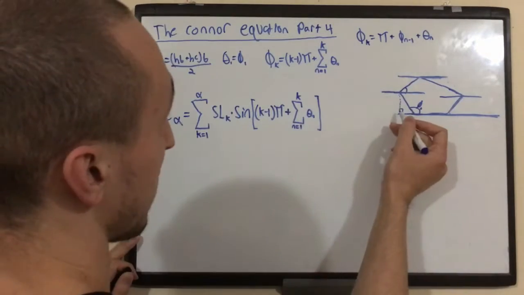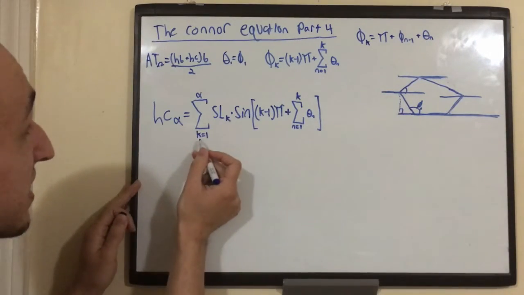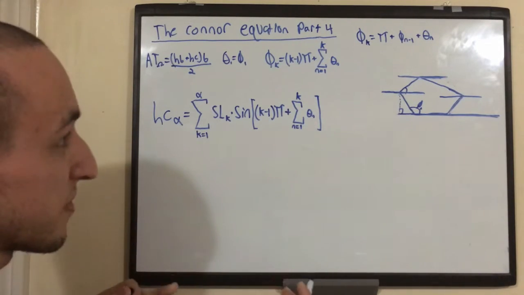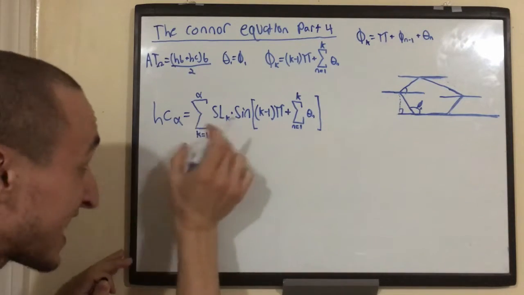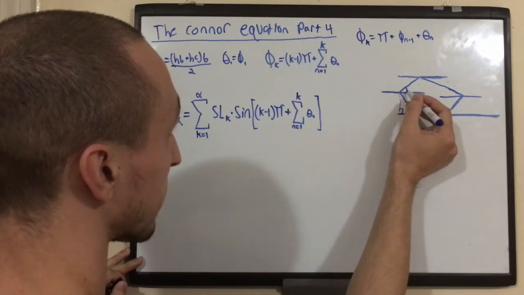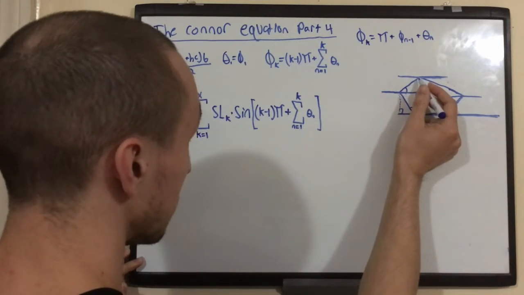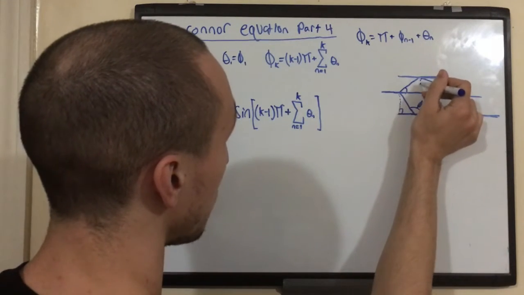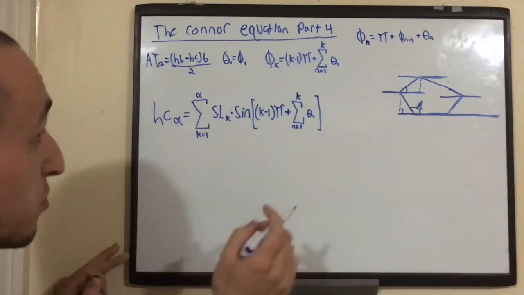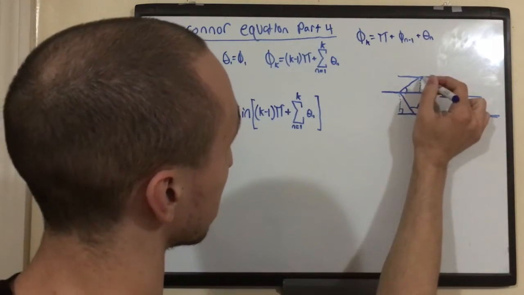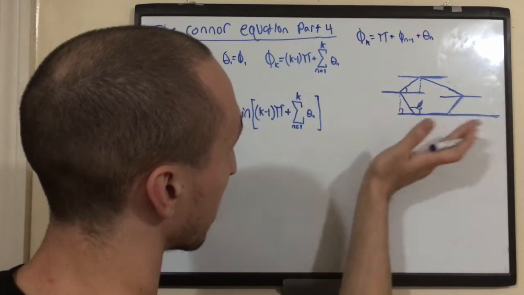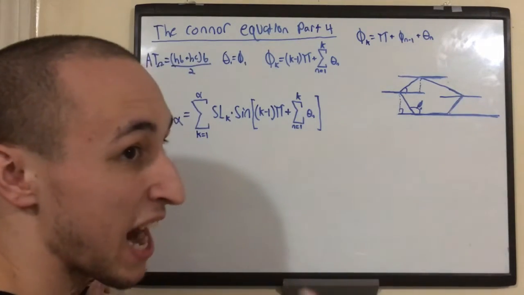The k equals 1 here is very significant. It's not k equals alpha. This isn't something we need to sum up, because when you get to phi 2 and SL2, it's going to have its own angle relative to the positive x-axis. What we want is the total height from the end of the side all the way down to our base of operations, the positive x-axis.